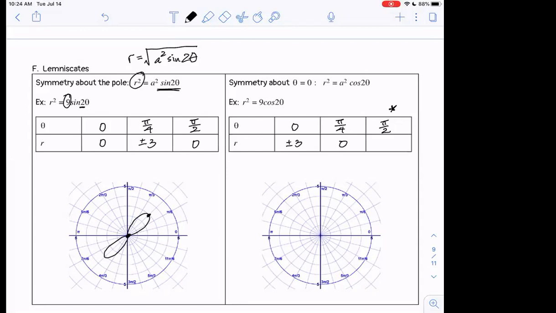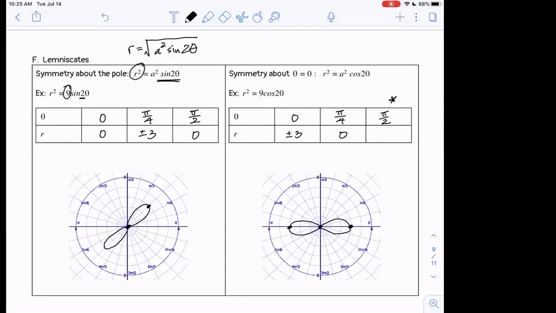If we plot these points at 0, we have our 1, 2, 3, and our 1, 2, 3. And at pi over 4, it's going to be at 0. And so we have the ends of our bow tie and the center of our bow tie. And again, the petal length is going to be the square root of r squared, whatever that is.